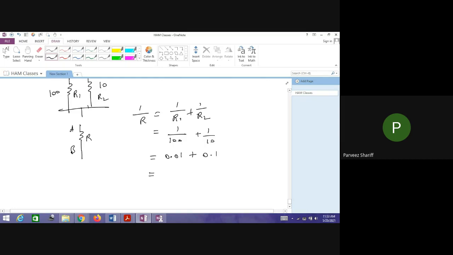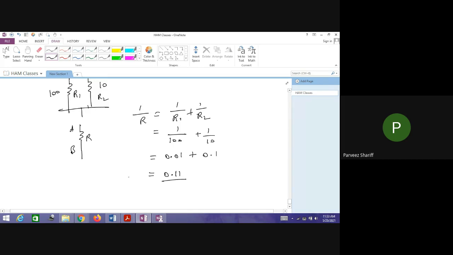So what do we get here? 0.1 plus 0.01, so we will get a value of 0.11.